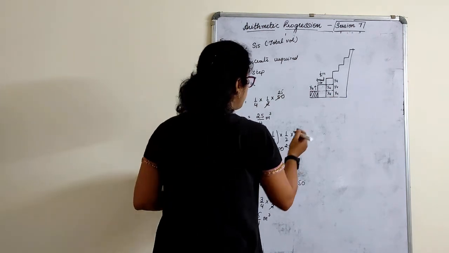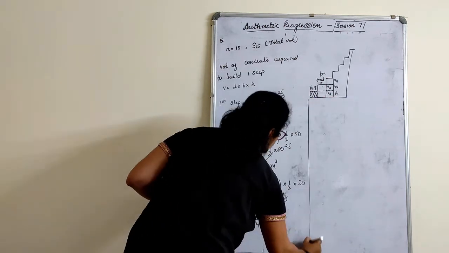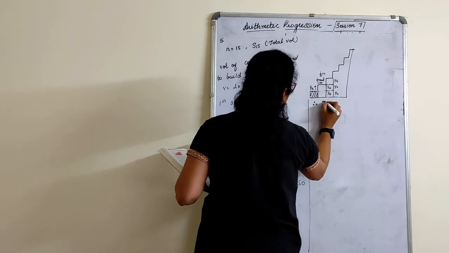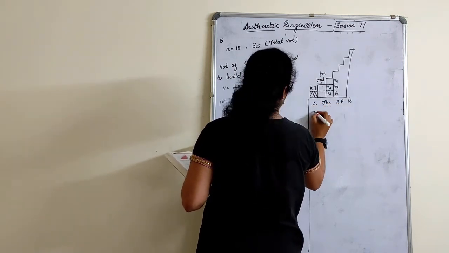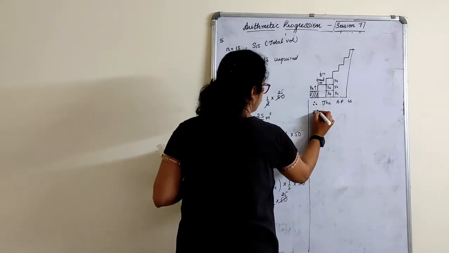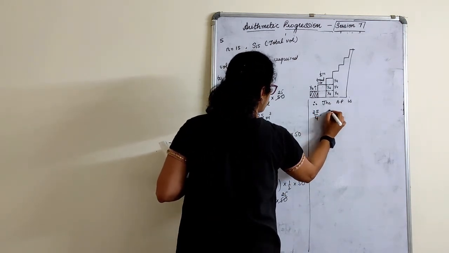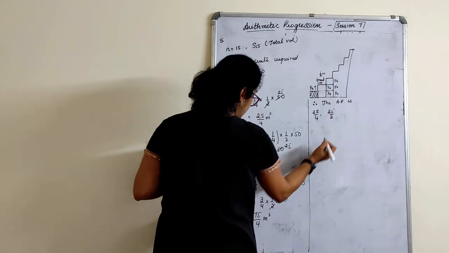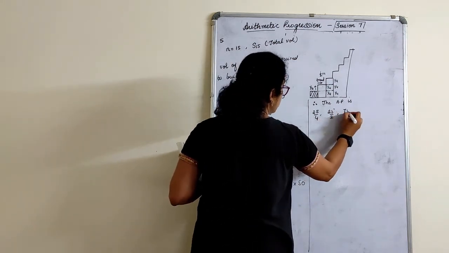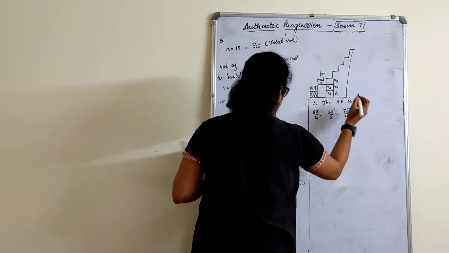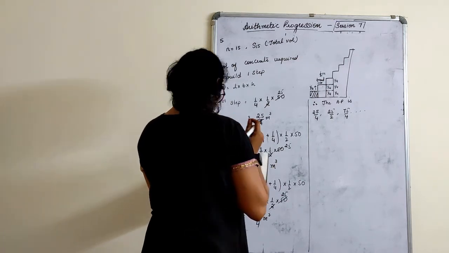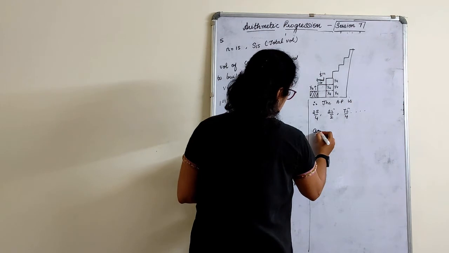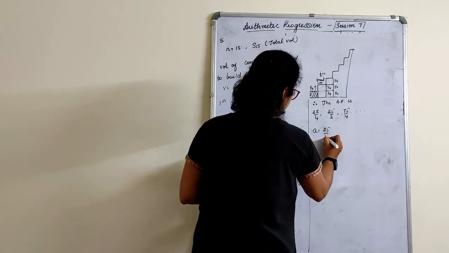Therefore, the AP is 25 by 4, 25 by 2 and 75 by 4, and so on. So with this we clearly have the list of numbers in AP. Now the first term is 25 by 4.